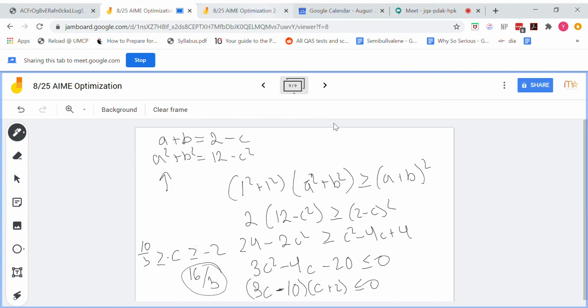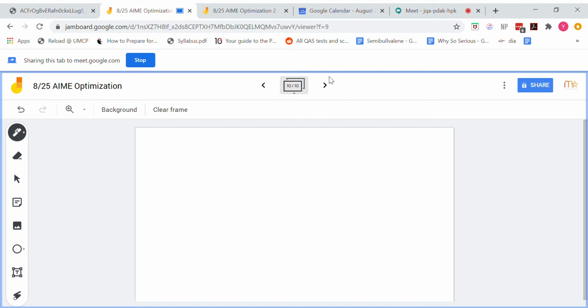Alright, so that's relatively easy to do using Cauchy-Schwarz. However, there's another way you could do this if you happen to forget Cauchy-Schwarz, or if you don't notice it. If we start off where we started at the previous one, one thing we might notice is that we can use this to solve for ab in terms of c.